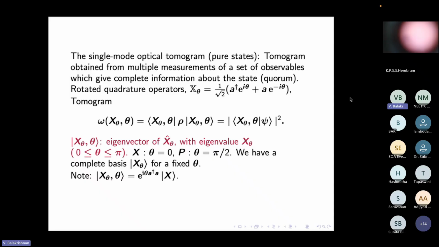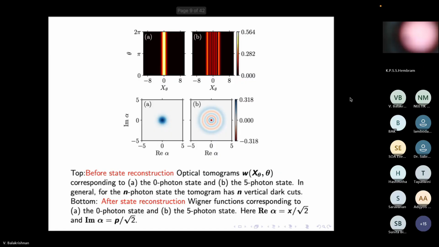So if you go back to that definition of W of x theta, theta, it is modulus of psi of x theta, theta, the whole squared. In other words, you have a probability density function. And in Professor Balakrishnan's talk, he was addressing this whole business of finding distances between such PDFs. I have here a tomogram for you.